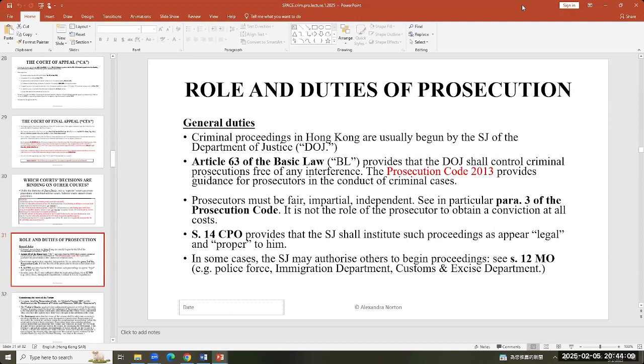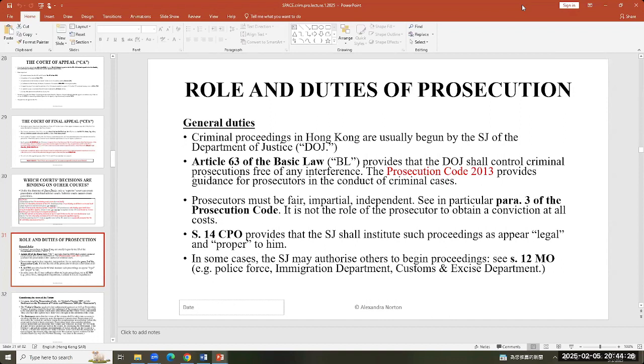But there are also other government bodies that are able to commence proceedings as well. For example, the Immigration Department, Customs and Excise, ICAC. It's not a governmental body, it's an independent one, but it's also authorized to commence proceedings.